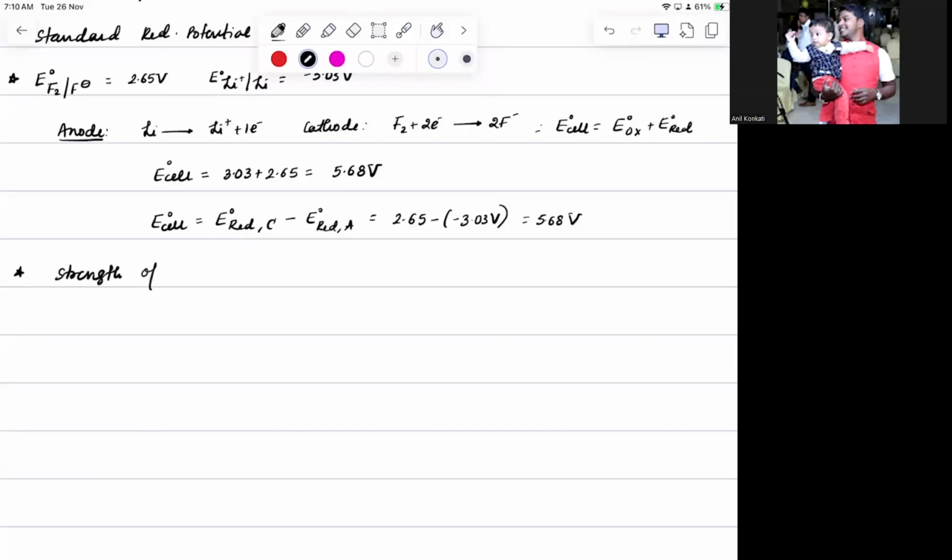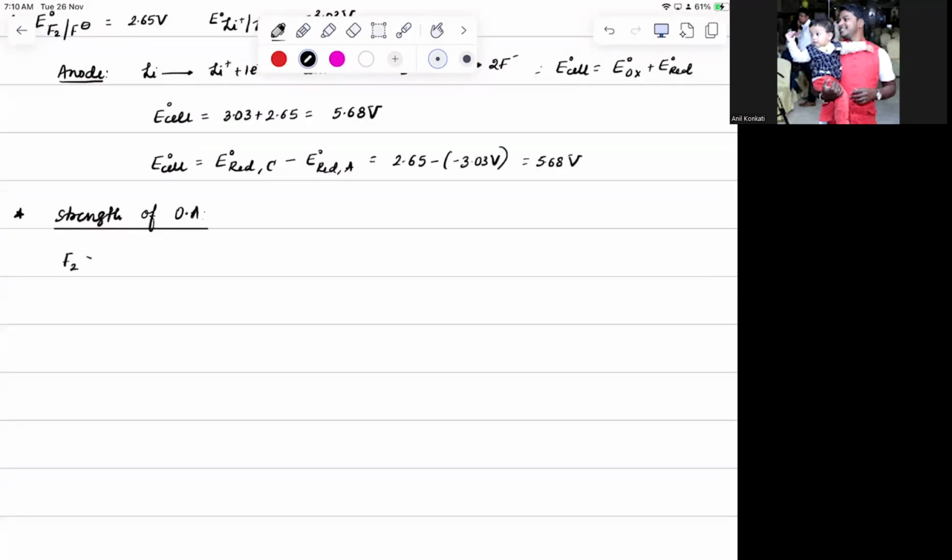After that comes the strength of oxidizing agents. The strongest oxidizing agent is F2. Then O3, ozone, which is very strongly oxidizing. Then S2O8 2 minus, a very strong oxidizing agent. Then PbO2 is the next one.